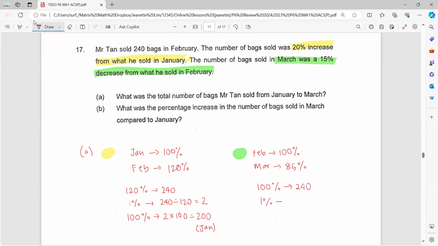So 100% is 240. 1% is 240 divided by 100, which is 2.4. And then we want to find 85%.